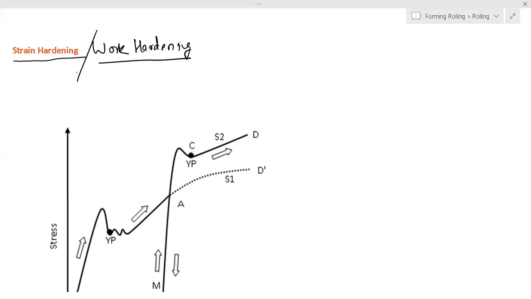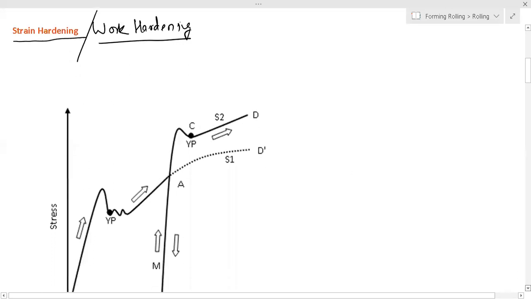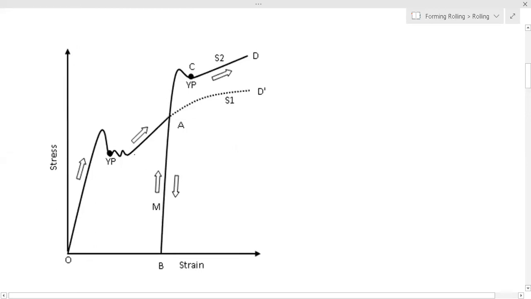Let us understand this curve again. Here the aging factor is not there. So we load it up to point A, meaning you cross the proportional limit, elastic limit, upper yield point, lower yield point, and reach the plastic zone.